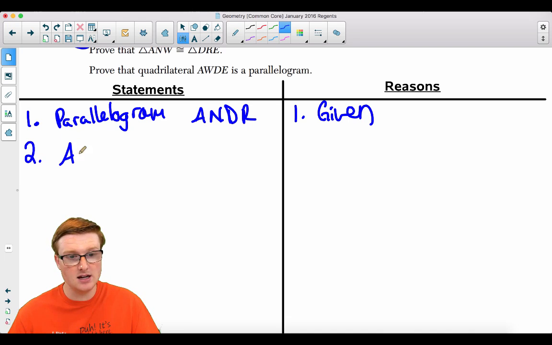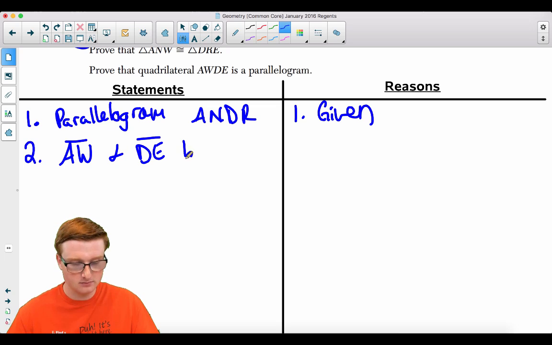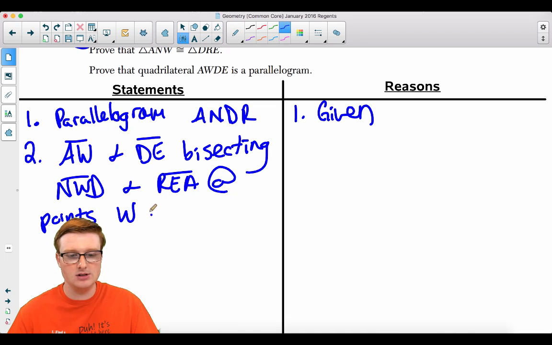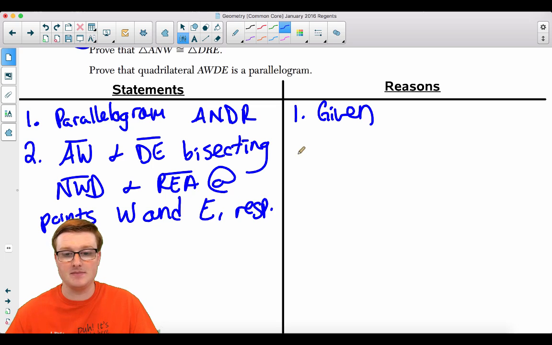So I say that AW and DE are bisecting NWD and REA at points W and E respectively. And that is given to you.